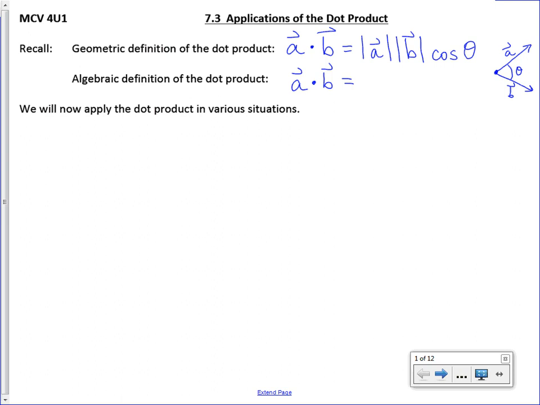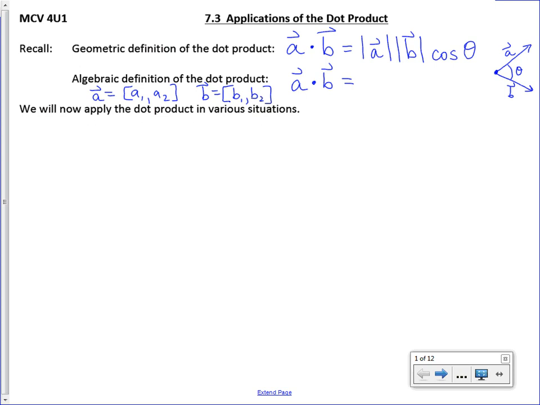So if vector A is A1 comma A2, and vector B is B1 comma B2, I'm just referencing the values in the x component and y component spots.